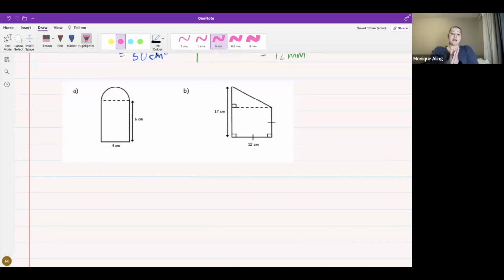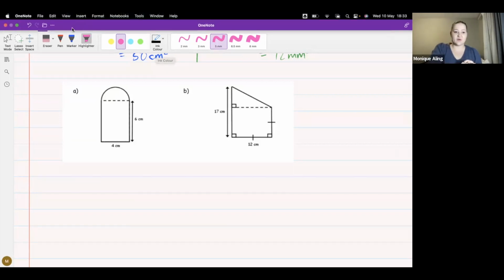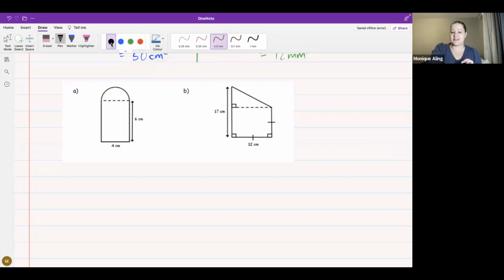Perfect. Okay. So just quickly, when it comes to circles, we know that our formula is always the same. We just need to adjust it sometimes based on the size of the circle. So if I am looking at a full circle, it's going to be pi r squared to work out the area. But in this instance, I'm looking at half a circle, a semicircle.